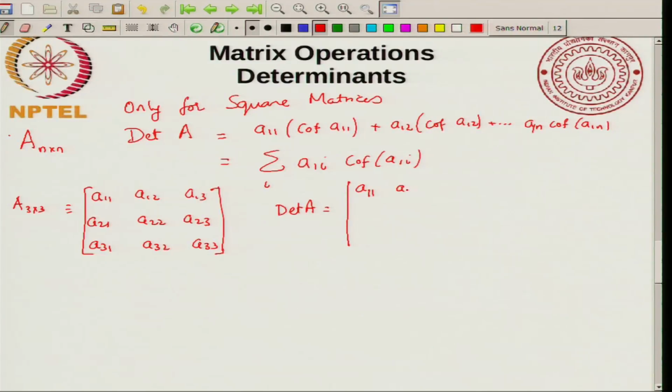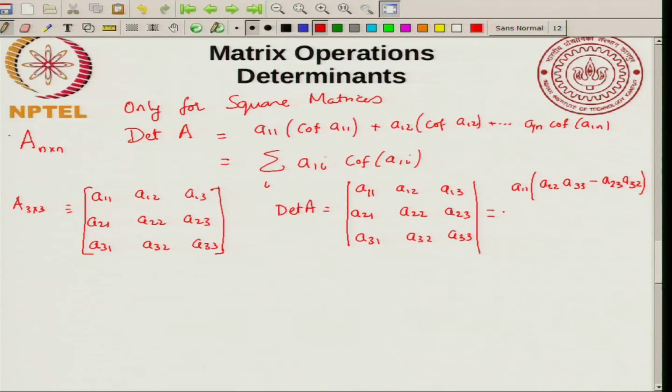A11, A12, A13, A21, A22, A23, A31, A32, A33, and this is equal to, I will write it in 3 lines here: A11 times (A22 into A33 minus A23 into A32), plus A12 into (A23 into A31 minus A21 into A33), plus A13 into (A21 A32 minus A31 A22).